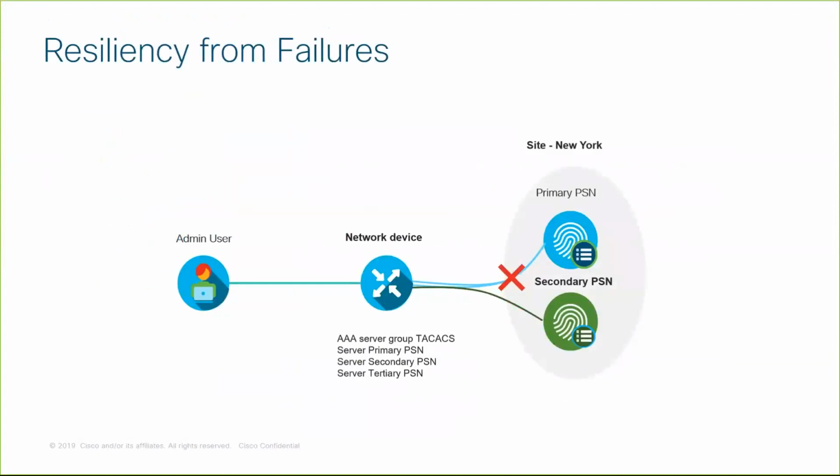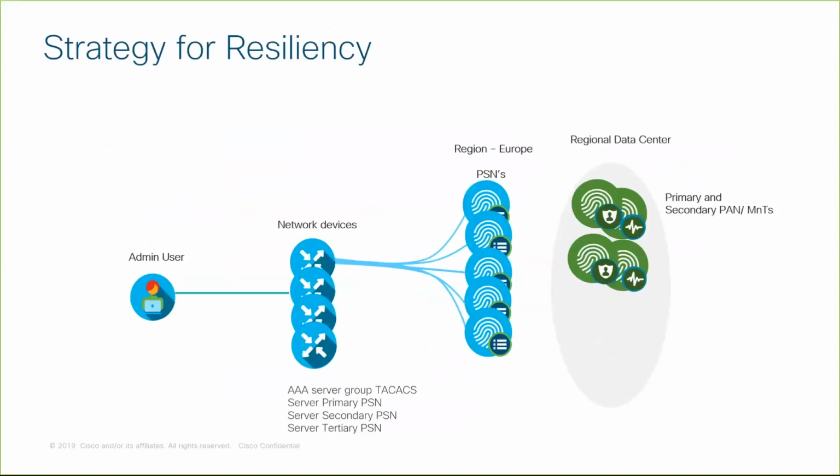If the primary PSN goes down, traffic is routed to a secondary PSN. You can also use a different strategy where you have a group of PSNs. If the PSNs go down, then you have a centralized PSN at a regional data center.